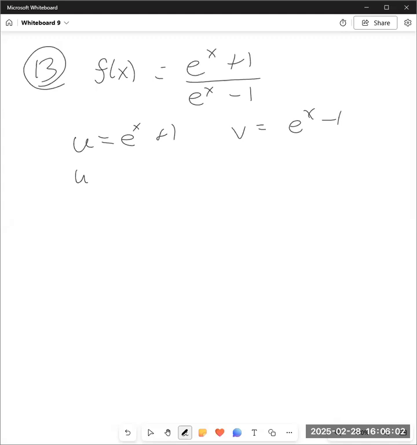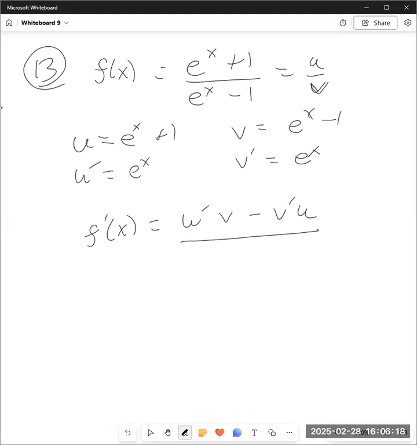And u prime is e to the x. V prime is also e to the x. So if this is u over v, then f prime of x is u prime v minus v prime u all over v squared.